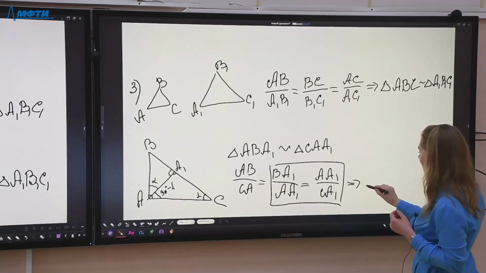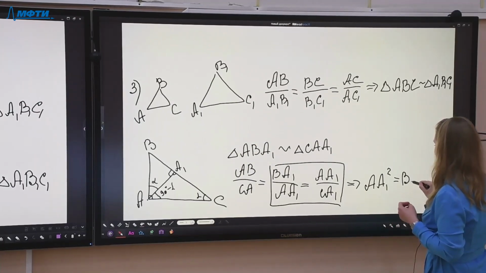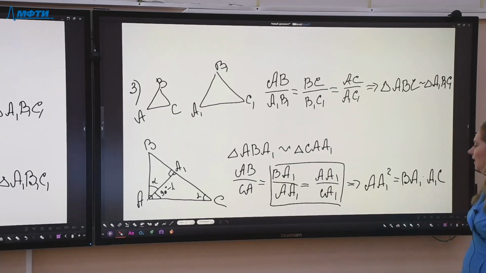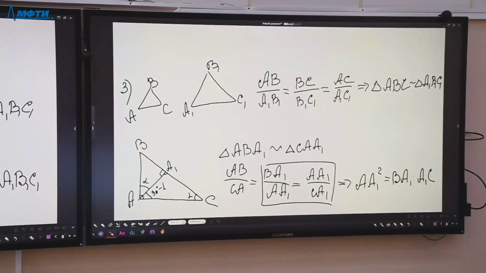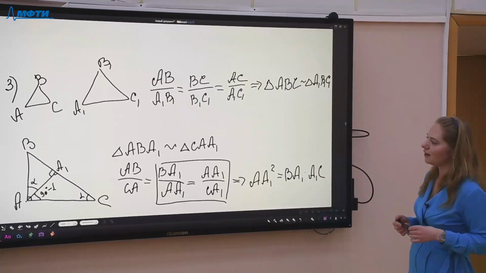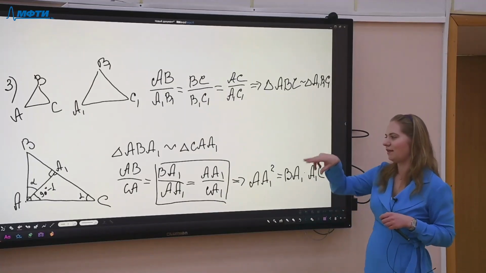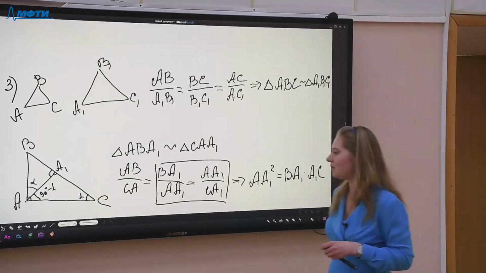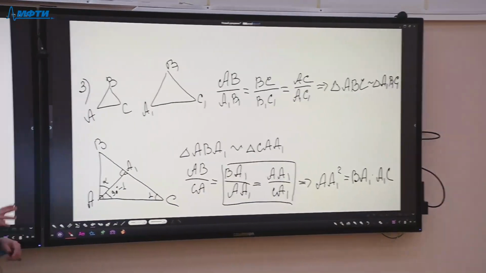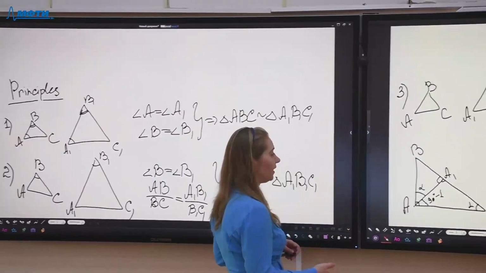We have that AA1 squared is BA1 times A1C. Well, AA1 is an altitude, so the squared length of an altitude is the product of the line segments into which this altitude divides the hypotenuse. Also, we can use this concept of similarity to prove many other properties of right-angled triangles, and not only in right-angled triangles.